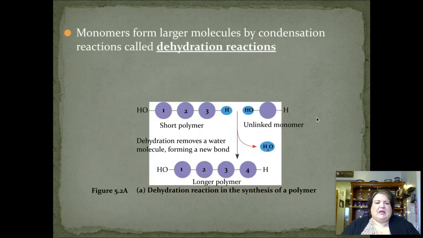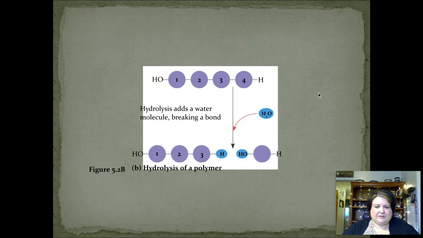I did mention that monomers are that singular entity. Remember that monomers are joined together by a reaction called dehydration synthesis. Dehydration refers to the removal of water. Synthesis refers to putting molecules together, okay? So we remove this water here and we link these monomers together. The opposite of that is adding water in to split.